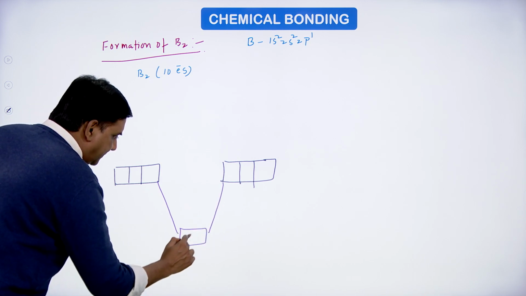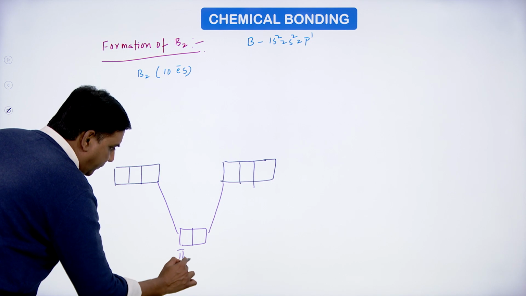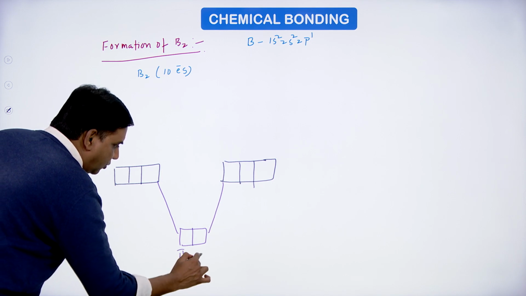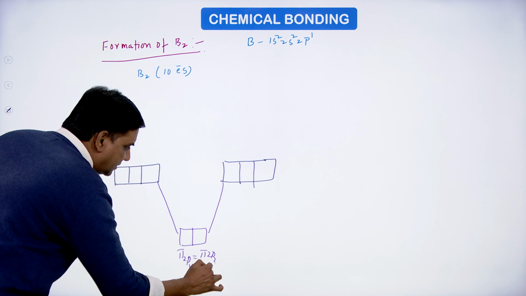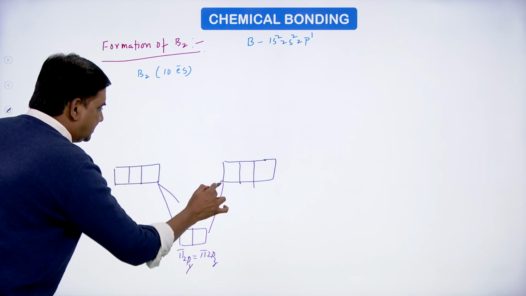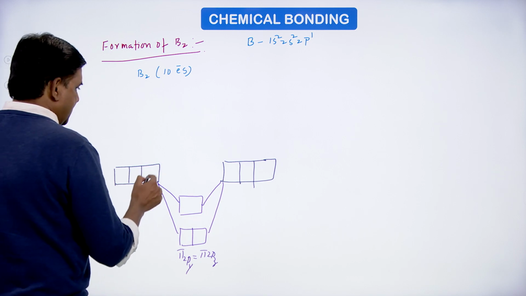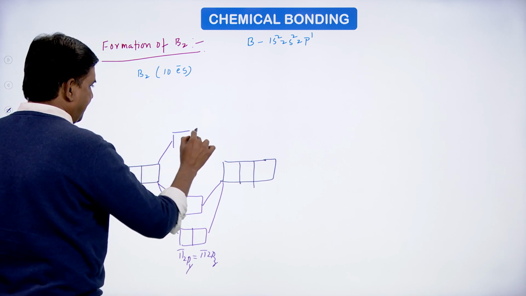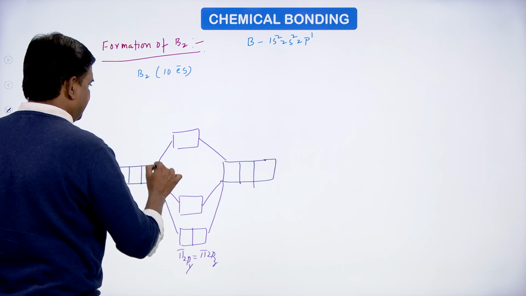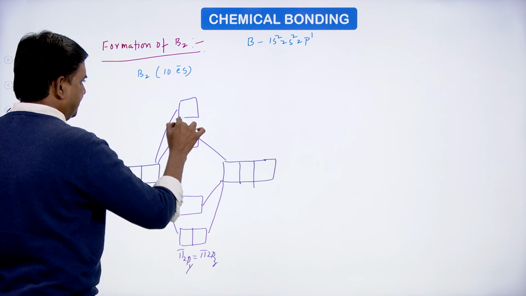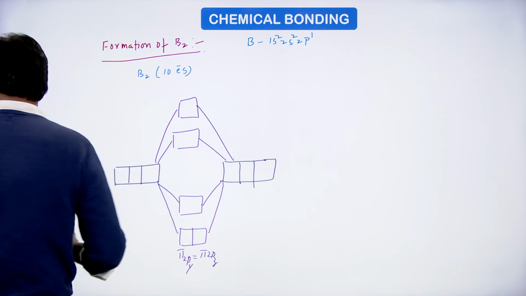Pi 2 Py is equal to pi 2 Pz, and like this.